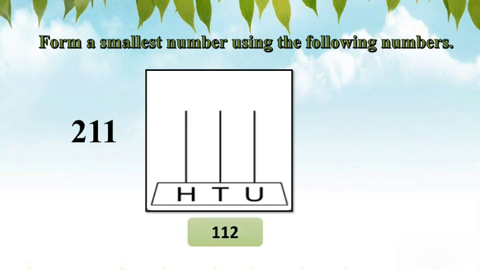Yes, we can create 112, right? So we have to draw 2 circles in the units spike and 1 in the tens spike, and again we have to draw 1 in the hundreds spike, so that means 112.